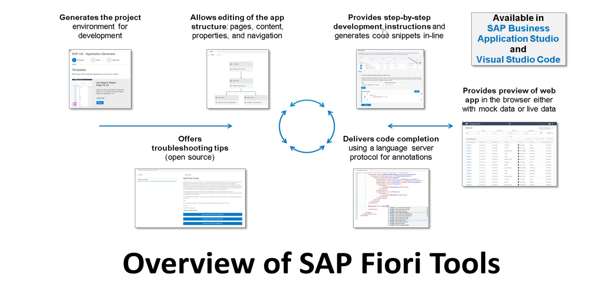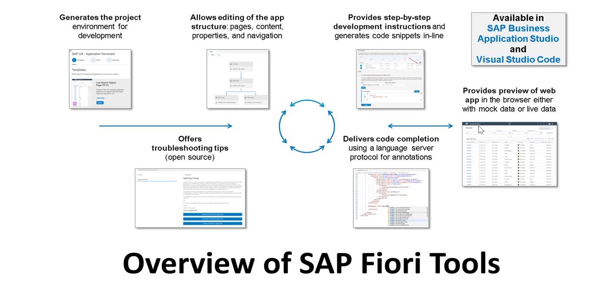Next, it provides a step-by-step development infrastructure and generates code snippets inline. Here we can add or remove features without writing lines of code, and the code is implemented directly as an inline code snippet. I will show you how to do that further on.